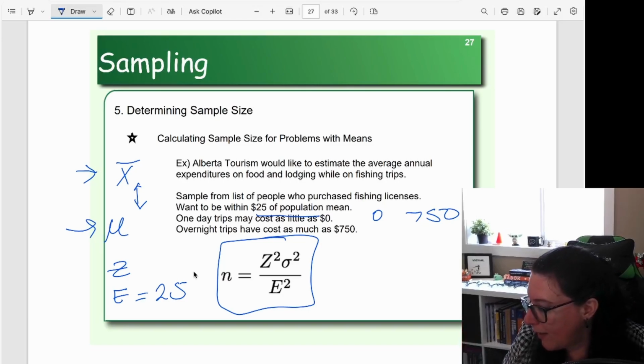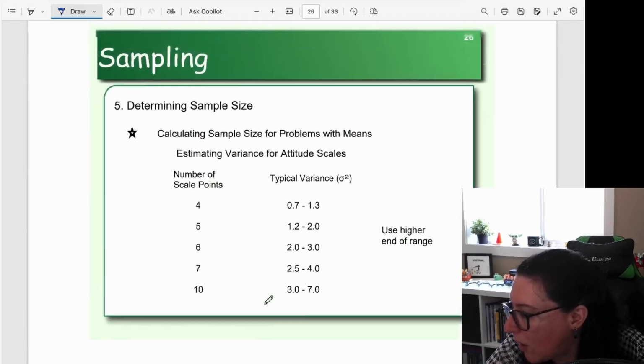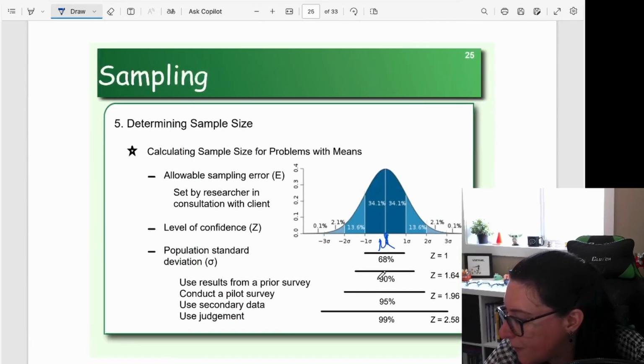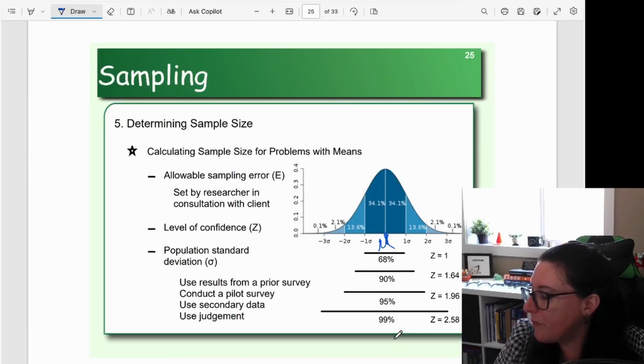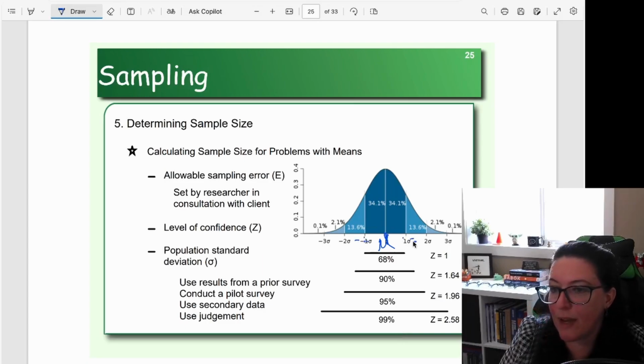And so if we go to our Z scores here, 99% of the time is a Z score of 2.58. 95% of the time is a Z score of 1.96. Where this comes from is that if you are within one standard deviation of the population mean, then that is about 68% of this distribution.